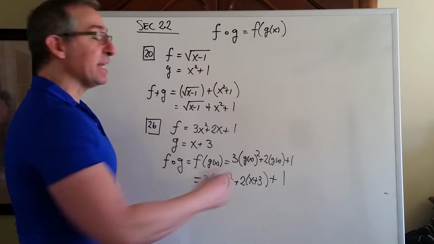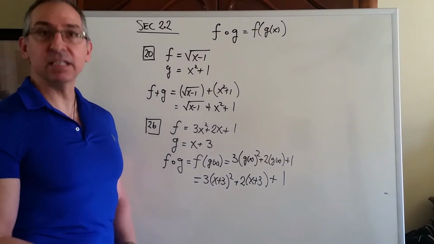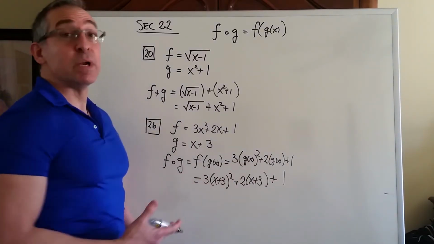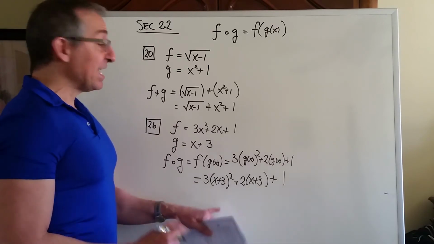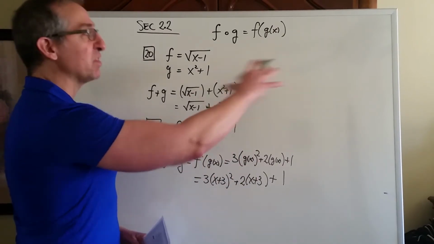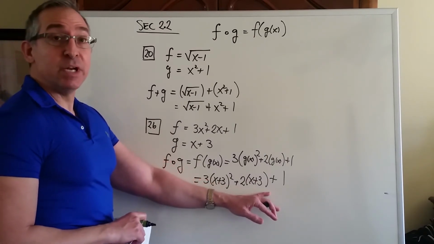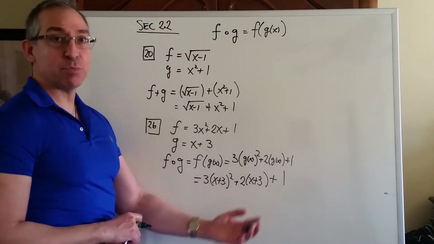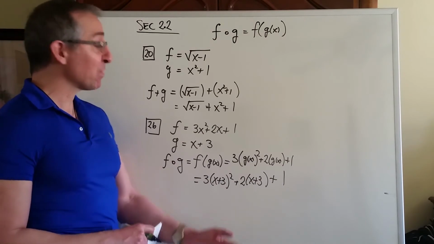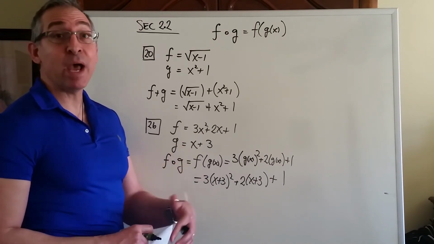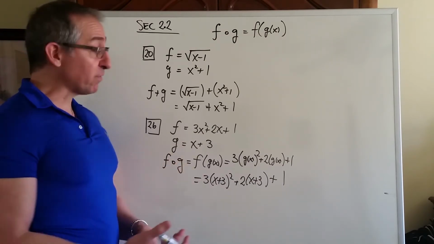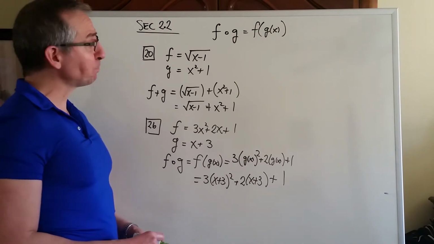Then you can expand everything and collect like terms. You definitely want to simplify the expression. Kids, I'll leave that to you in the interest of space on the whiteboard. But remember, once you do the composition, if the opportunity presents itself for you to simplify the expression, you should definitely do it, okay? The answers in the back of the book will be that way, and that's what the expectations will be for quizzes and exams.